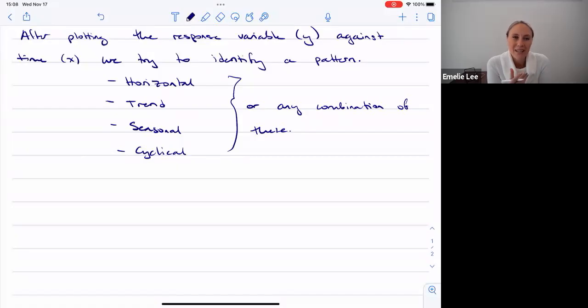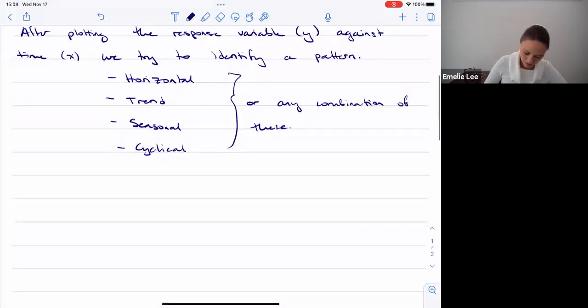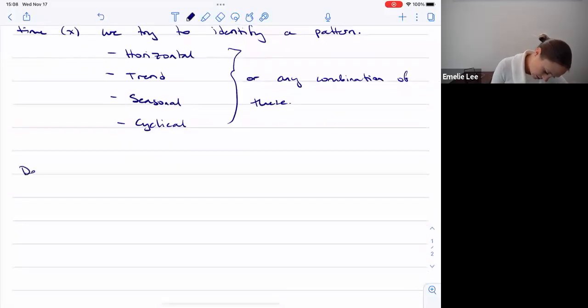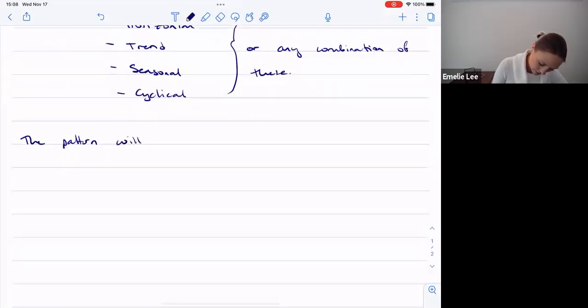And so depending on the pattern that you see, right, that's going to determine what the appropriate forecasting method is. Okay. So the pattern will determine what forecasting method is appropriate.